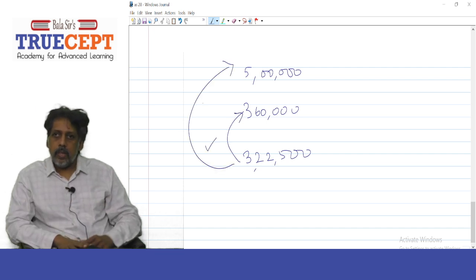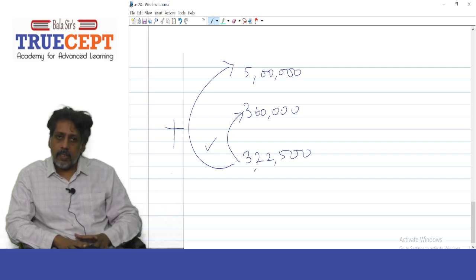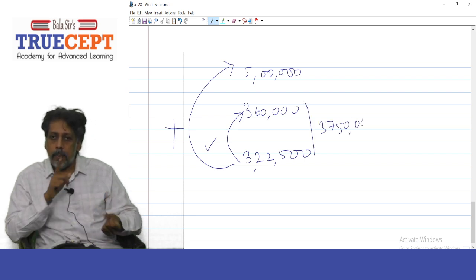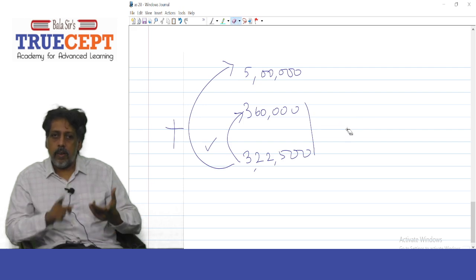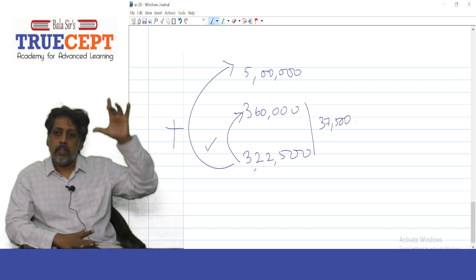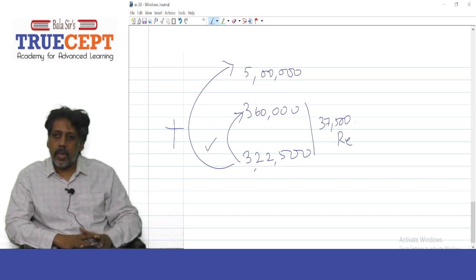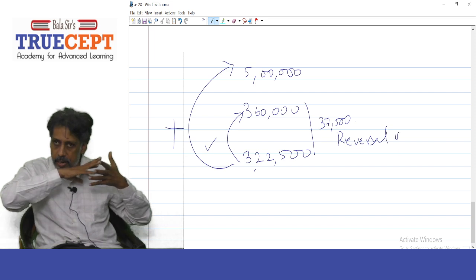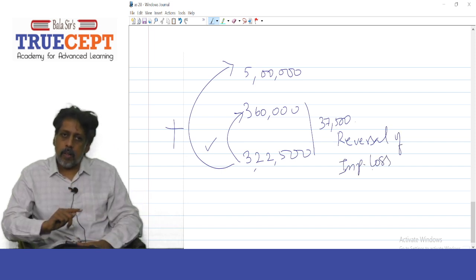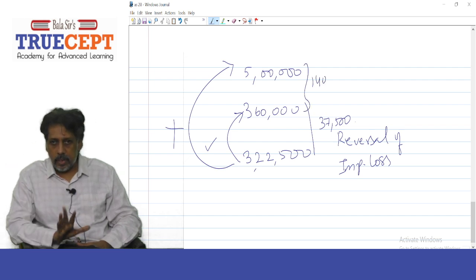So only the 37,500 reversal will be accounted, and please ignore the 1,40,000. You call it impairment gain, or the reversal of that impairment loss, it will be ignored. Is that fine? So guys, don't consider that 1,40,000 at all. Don't even name it, okay? Just that 1,40,000 is ignored. Is that clear? Yes, sir.